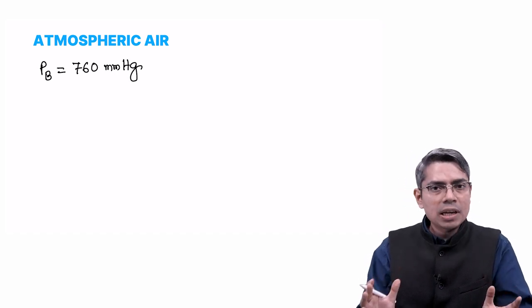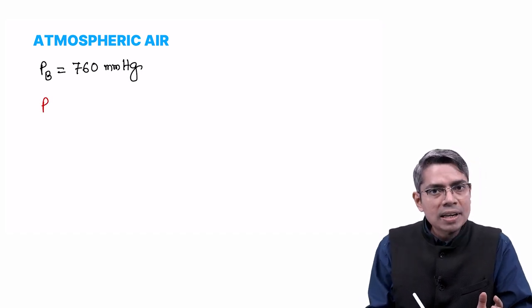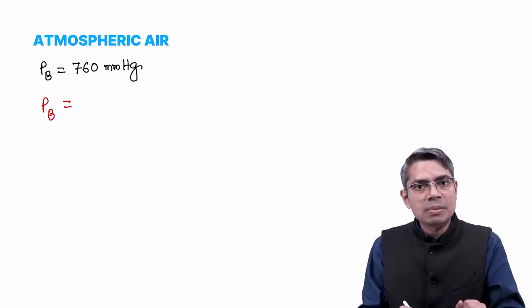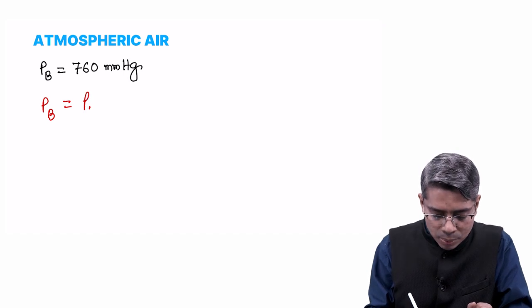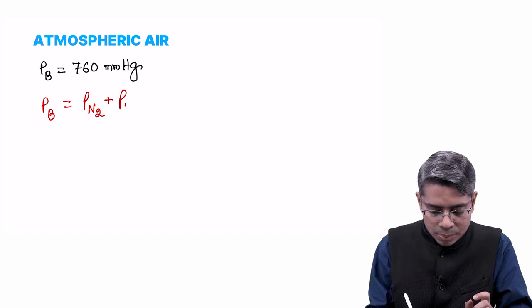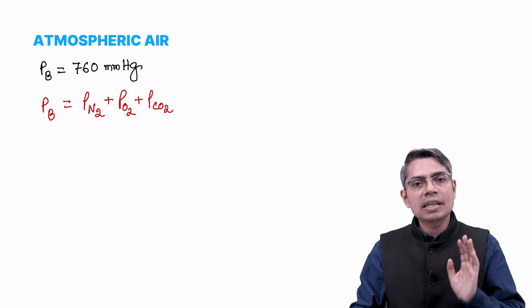Now, this total barometric pressure is equal to the sum of the partial pressures of the component gases, that is Dalton's law. So, total barometric pressure, 760 millimeter of mercury, is equal to the partial pressure of nitrogen, partial pressure of oxygen, and partial pressure of carbon dioxide. Although other gases are also there, we are ignoring them.